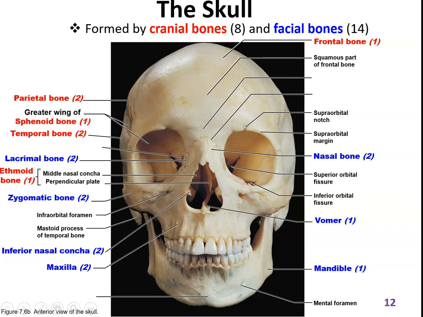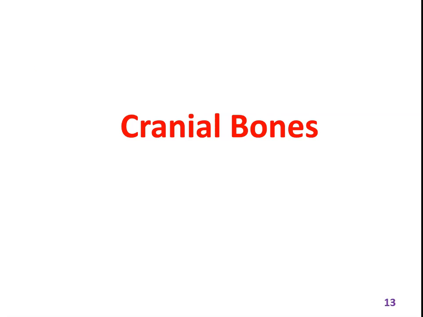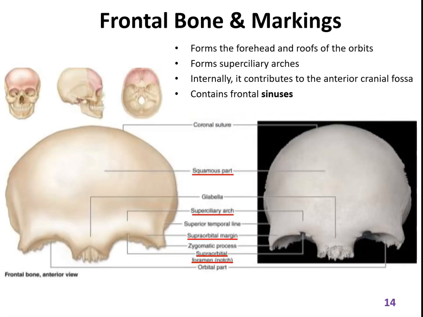Okay, so here's another diagram you can look at, and I just want to get to the individual bones. So we start with the frontal bone. This is the bone that makes the frontal area of your body, the frontal region. That's your forehead.